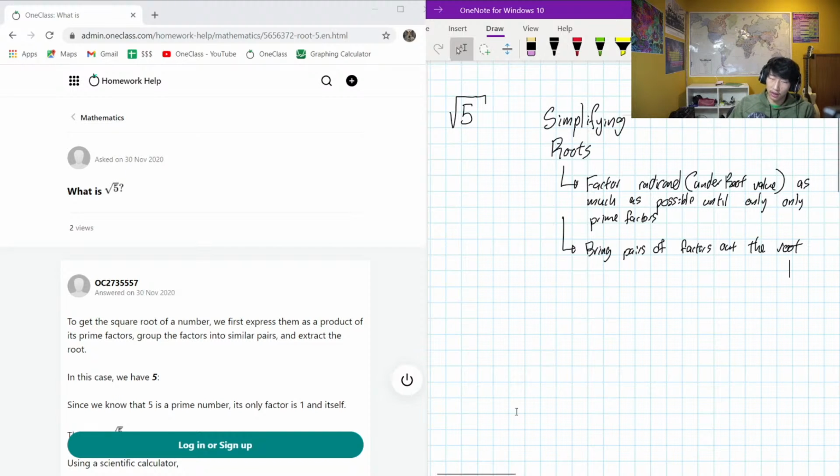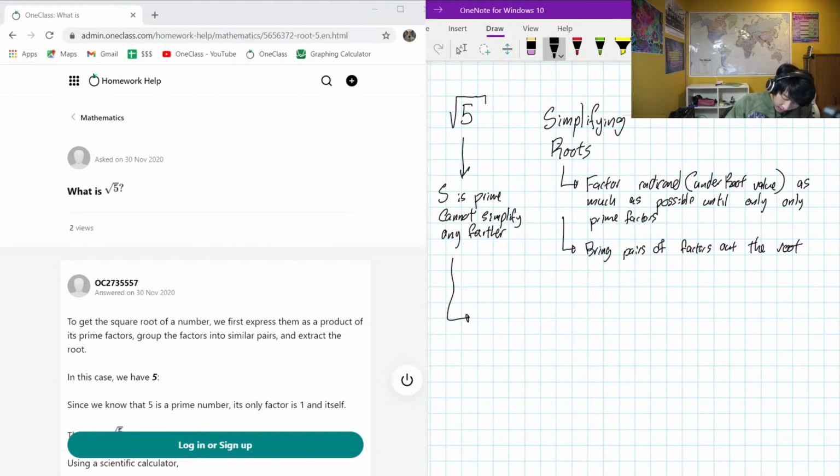So since we're stuck here, because 5 is a prime number, 5 has no factors other than 1 and itself. Prime number, so we can't simplify this any farther. 5 is prime. Cannot simplify any farther.